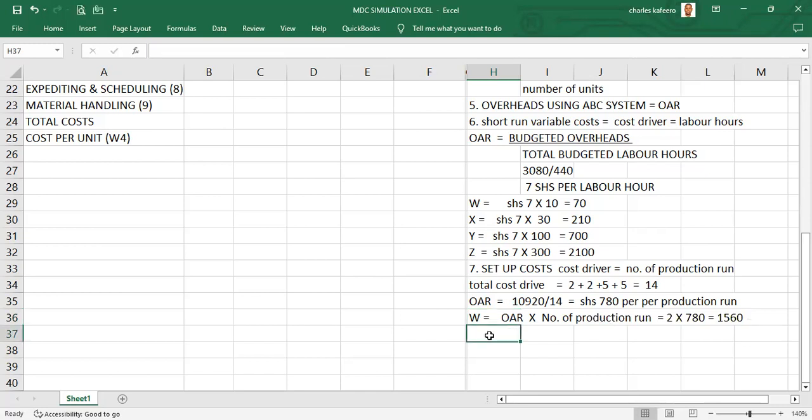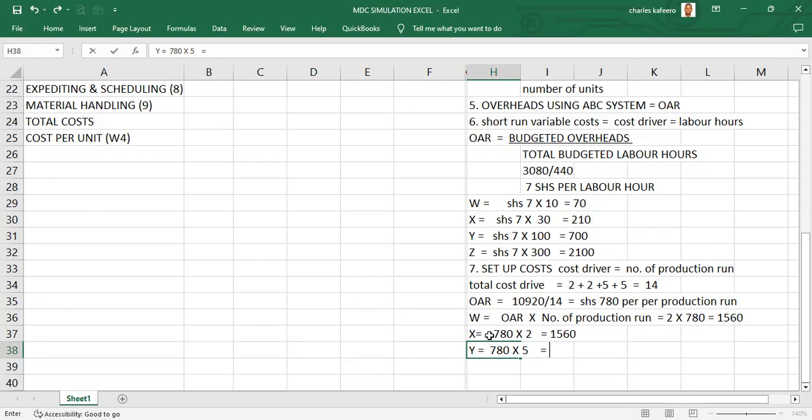So we go to product X. I'm not going to repeat what I did, but it will be the same. It will be the OAR, which is 780. We multiply this by the number of production run, which were 2. So it will give us the same answer, which is 1560. Then we go to product Y, which is going to be the OAR, which is 780. We multiply by the number of production run, which are 5.